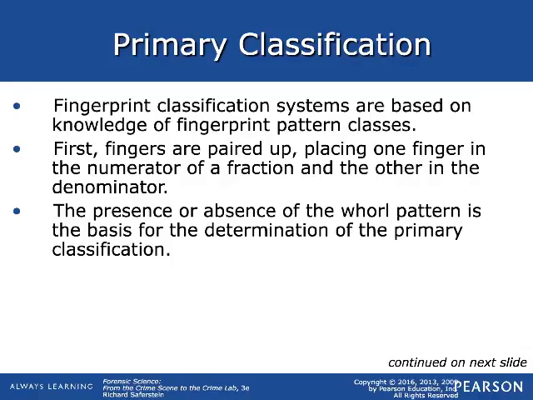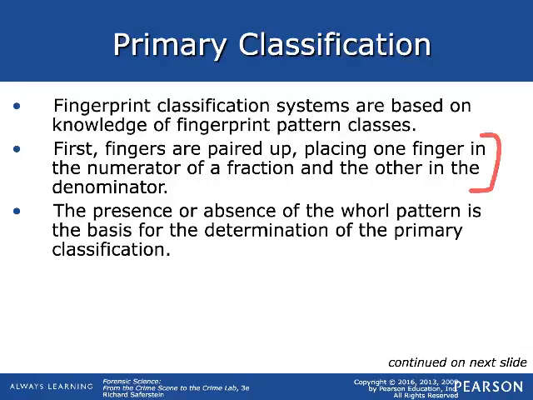It's kind of interesting, but I could see how it's actually really confusing. So you have to understand those classes. You need to be familiar with loops, whorls, and arches, and then you can assign numbers to those things. So they have a way that they pair the fingers up.